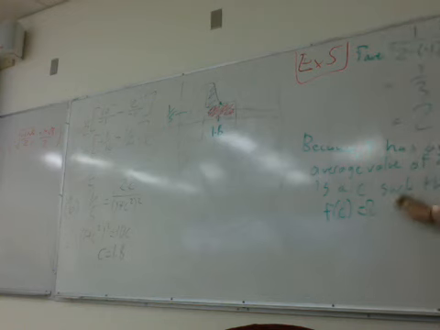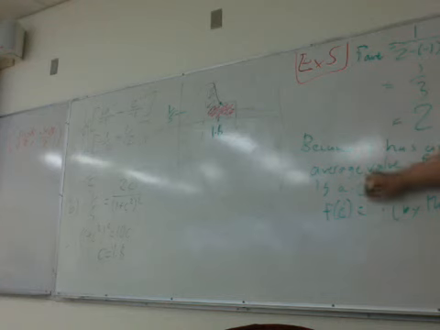And maybe it's a good thing to say by the mean value theorem. That's what the mean value theorem says: if it has an average value of 5, there's going to be some point in the interval where its value is 5. If there's an average value of 10, there's going to be some point c where its value is 10. That's what the mean value theorem says.